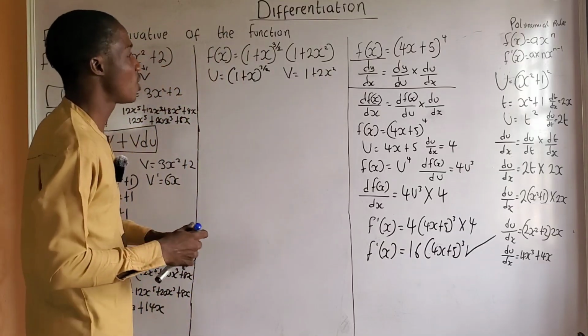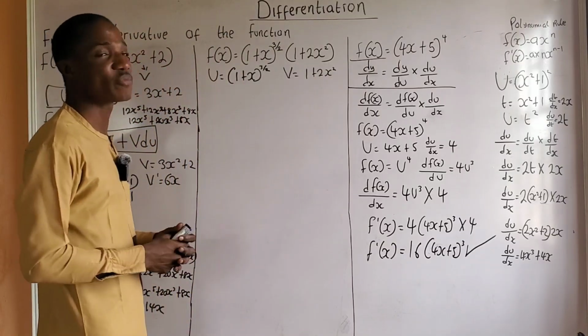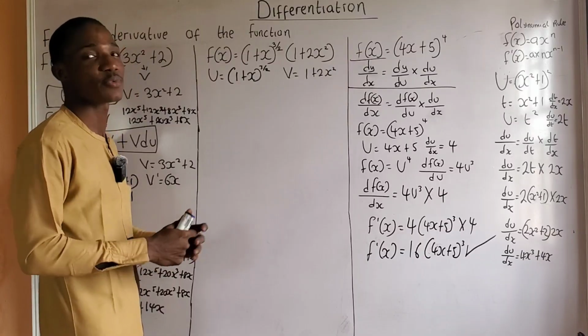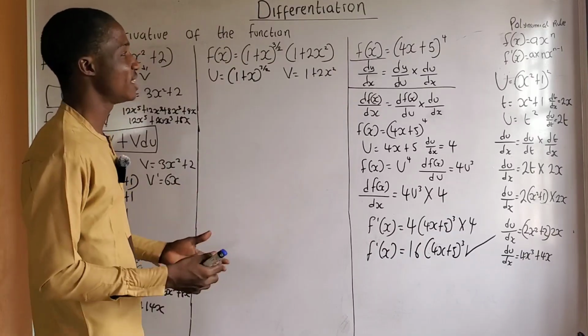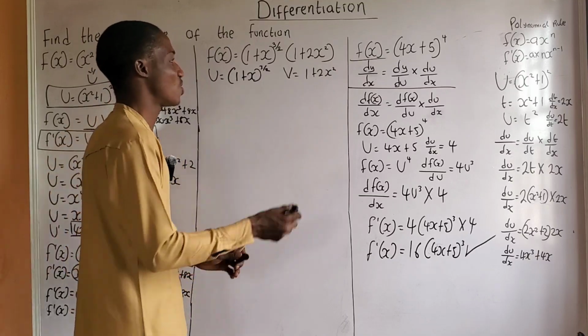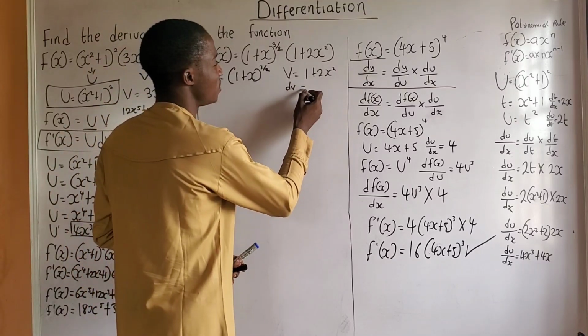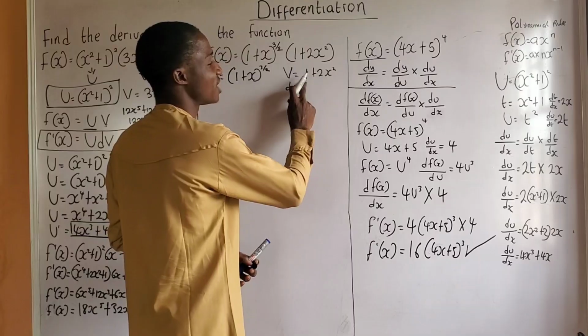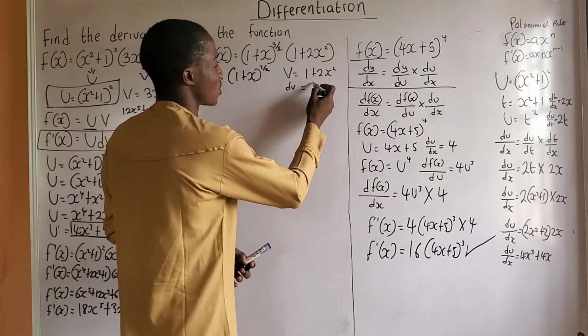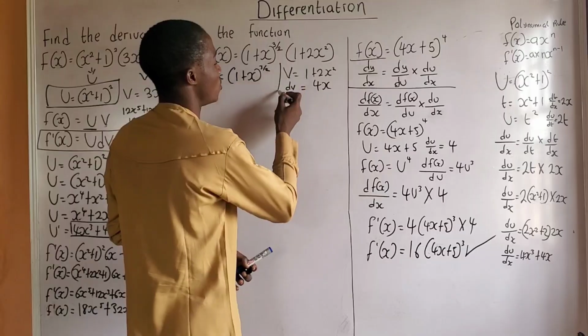Now, when you are done with that, from the formula of product rule, we need to find the derivative of u and the derivative of v. You can easily differentiate v because v is a polynomial function. Differentiate 1, you're going to have 0, right? Yes. Differentiate 2x squared, you're going to have 4x. So you are done with dv.